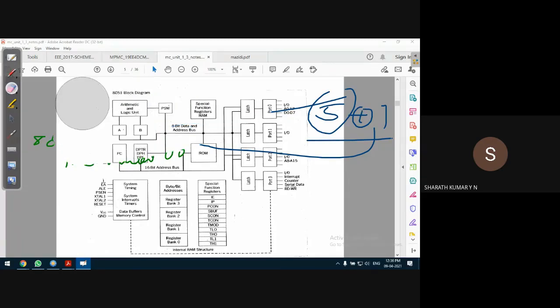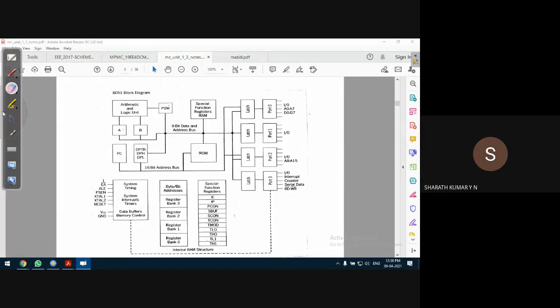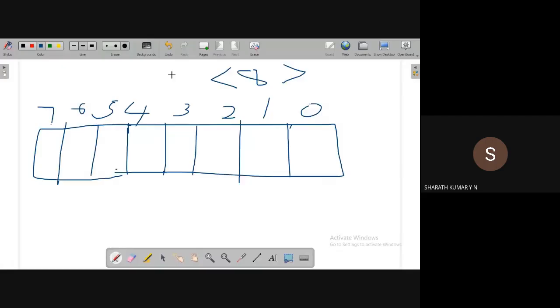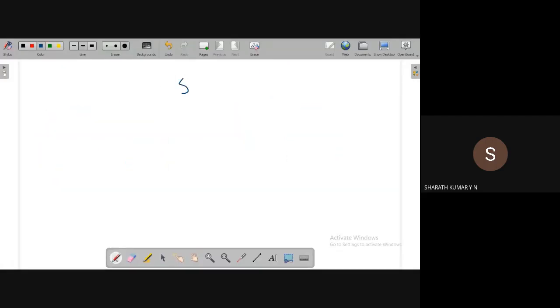This addition operation, subtraction, whatever it is, will generate some result. For example, we perform 5 plus 1, the result is 6. This kind of result will be stored in the accumulator. Let us say I need to perform 5 plus 6 or 5 plus 1, whatever it is.